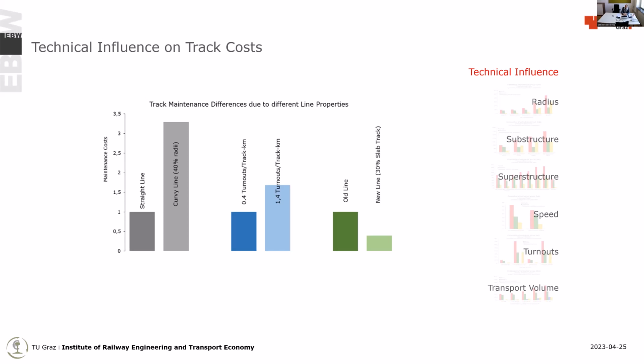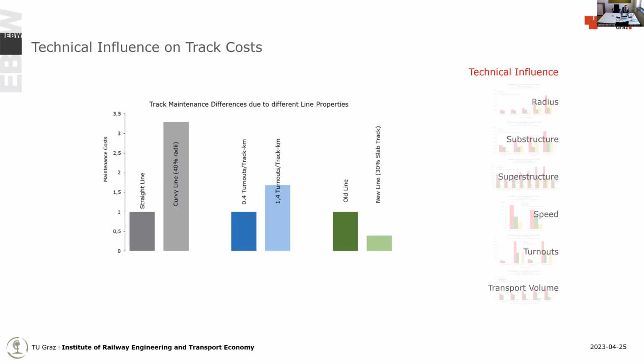And if we compare an old line, not with old infrastructure components, but an old line with its substructure mainly and its radii, compared to a new line, which when we construct it now would consist of perfect substructure and probably also slab track, we would see a huge cost difference.